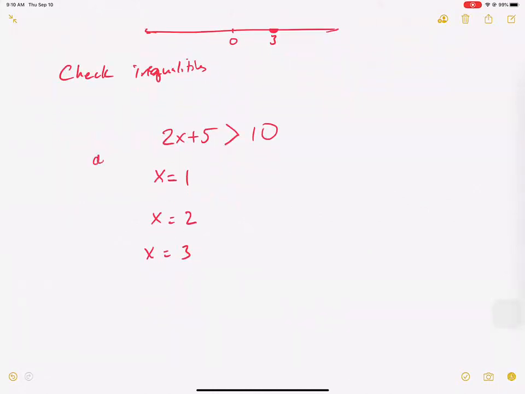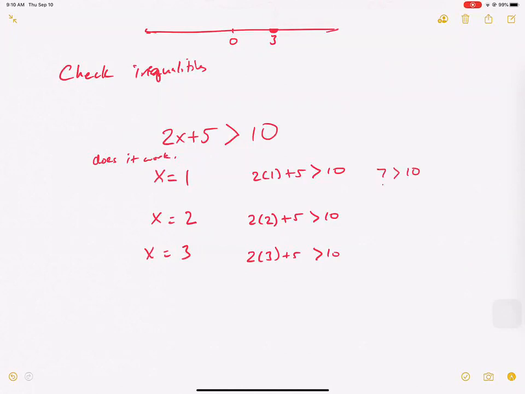Okay, so does it work? If I plug in 1, 2 times 1 plus 5, is this greater than 10? 2 times 2 plus 5 is greater than 10? And is 2 times 3 plus 5 greater than 10? 2 times 1 is 2, plus 5 is 7. 7 is not greater than 10.